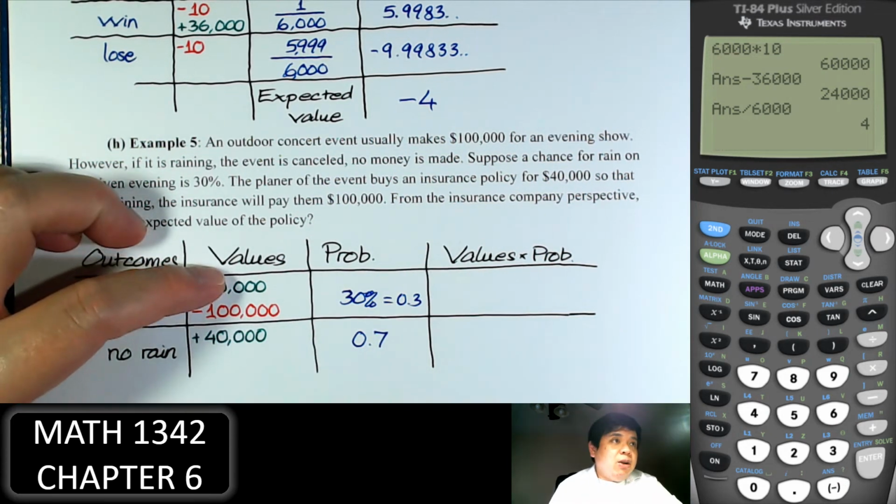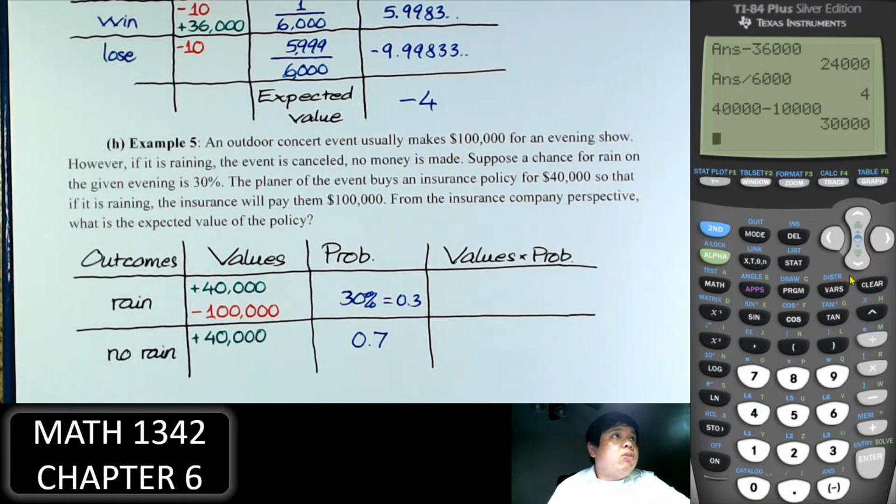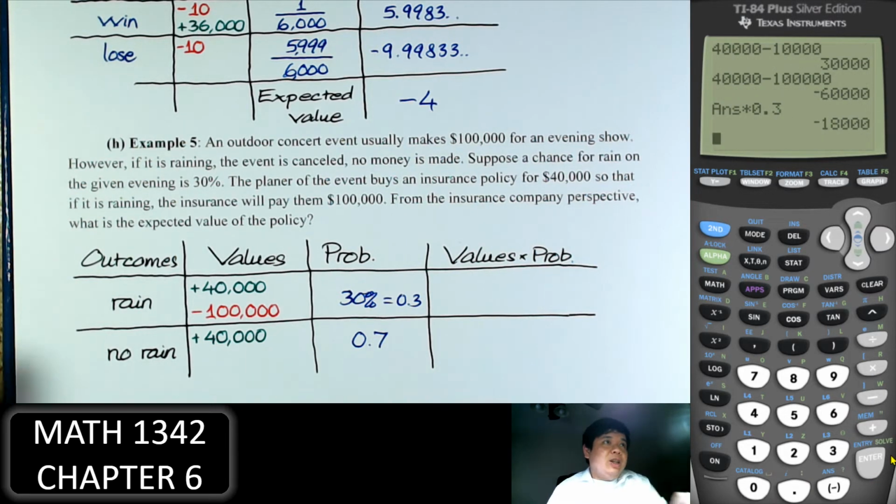Next, the value of 40,000 minus 100,000 will be negative 60,000. Then we multiply by 0.3, so negative 18,000.